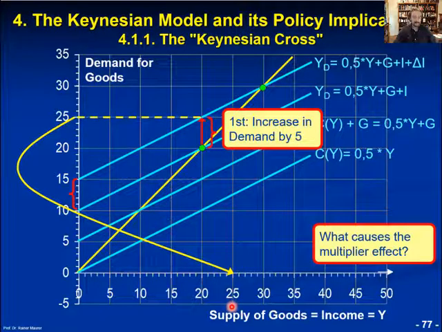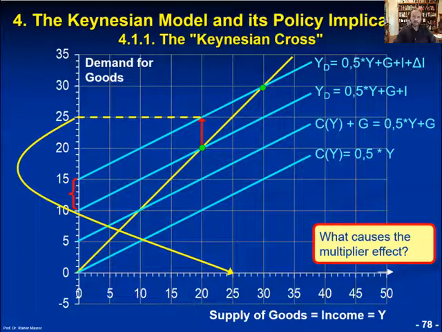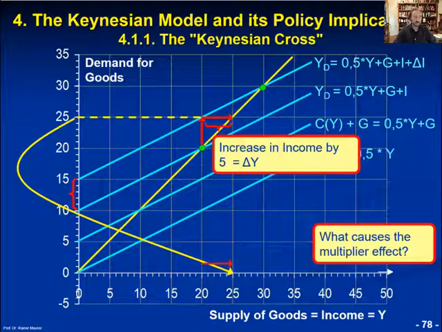And that means that this supply of goods increases also household income, because household income corresponds to GDP. So we have now an increase of production from 20 to 25. This means households have an increase of income by 5 units. This increase in household income causes now an increase in household consumption.